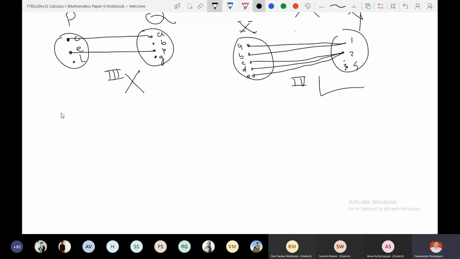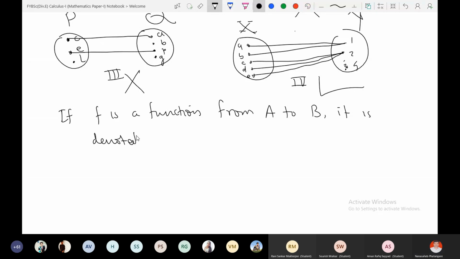Okay, so if f is a function from A to B, it is denoted by this notation. F is a function from A to B. So what does it mean?